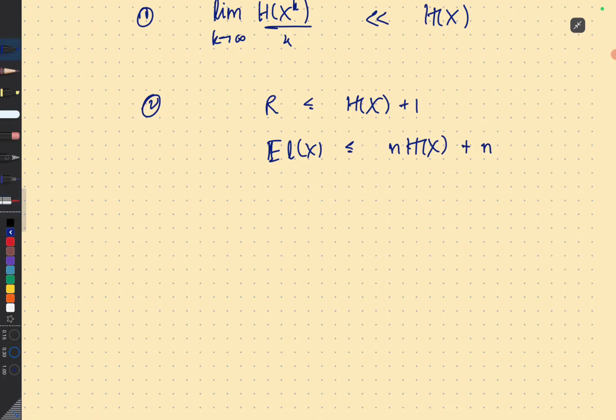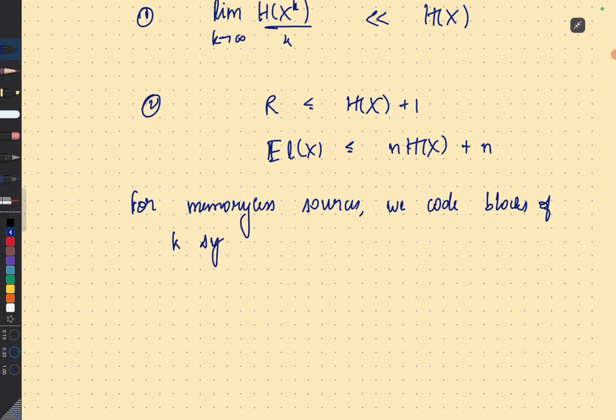So suppose we code blocks of k symbols, we can achieve a rate equal to h of xk plus 1 bit divided by k, right?